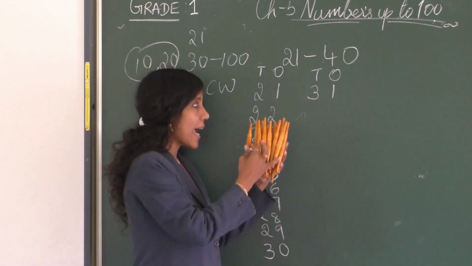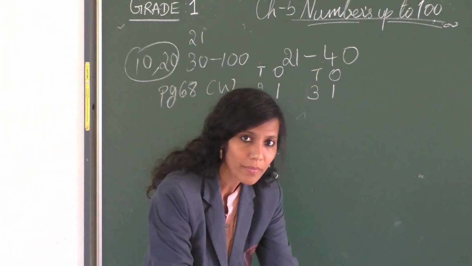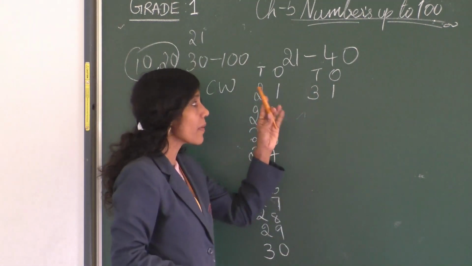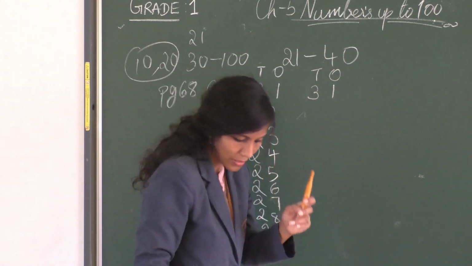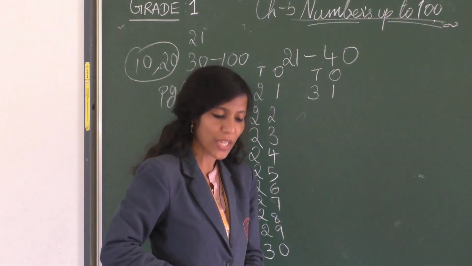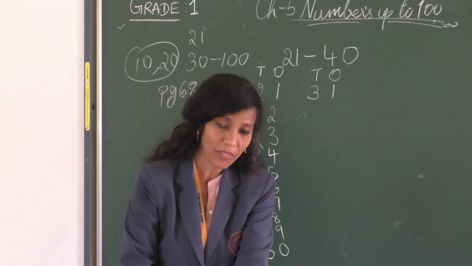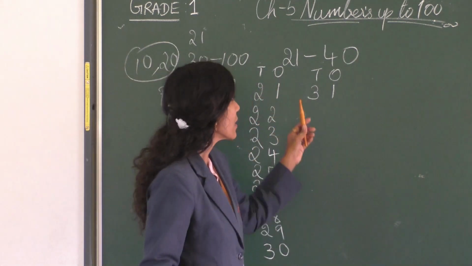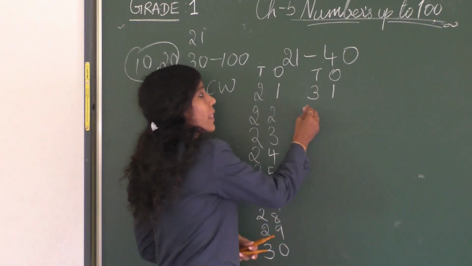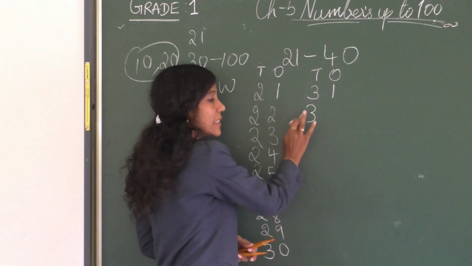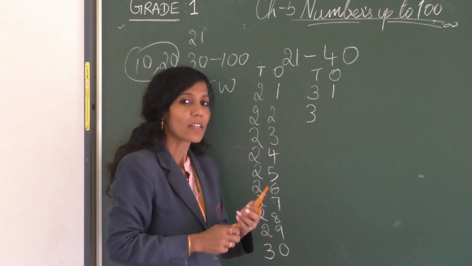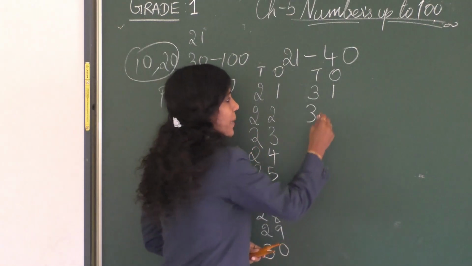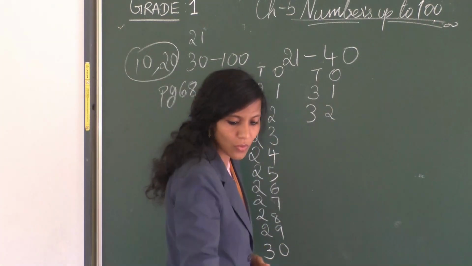Next, this will continue being the same, but ones will keep changing every time. As you keep going down, the numbers will keep changing. After that, this is the same, we still have 3 bundles of 10. Now I took one more one, so it becomes 2.